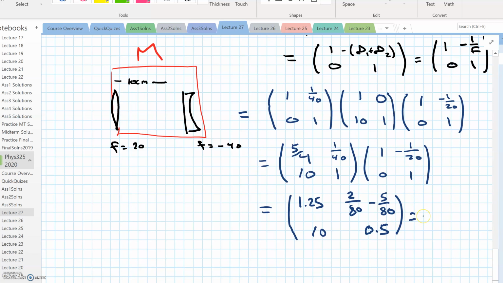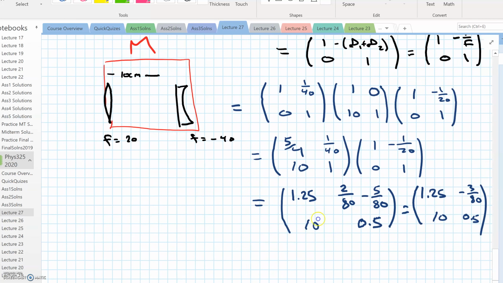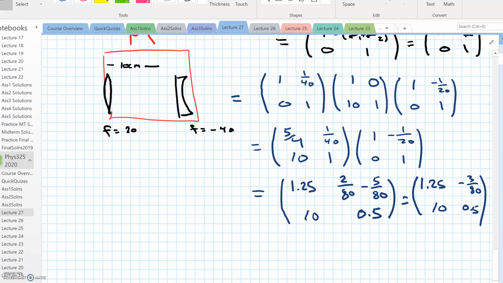So our lens is, let's just write it out: 1.25, and I'm going to leave this as negative 3 over 80 because I can't do math. And 10, 0.5. Okay, so that is our matrix corresponding to this thing here.